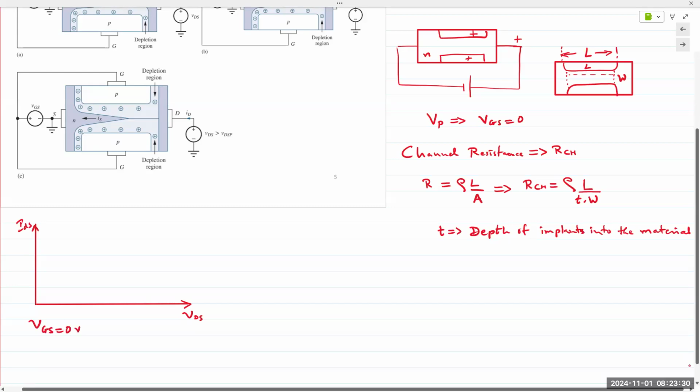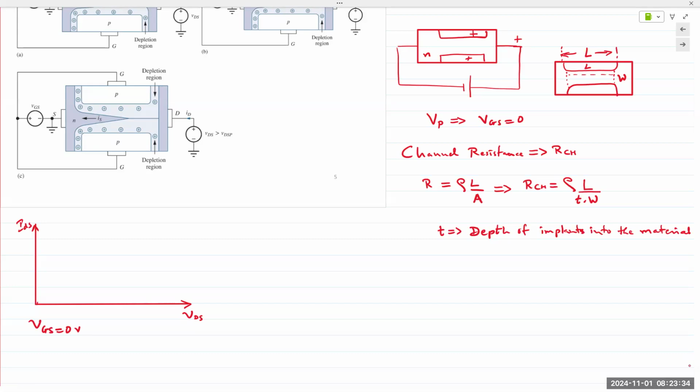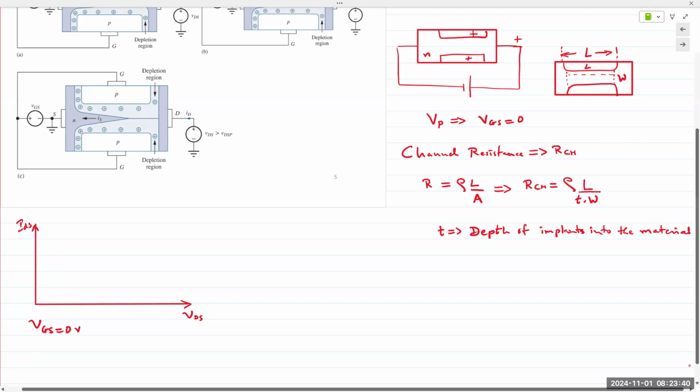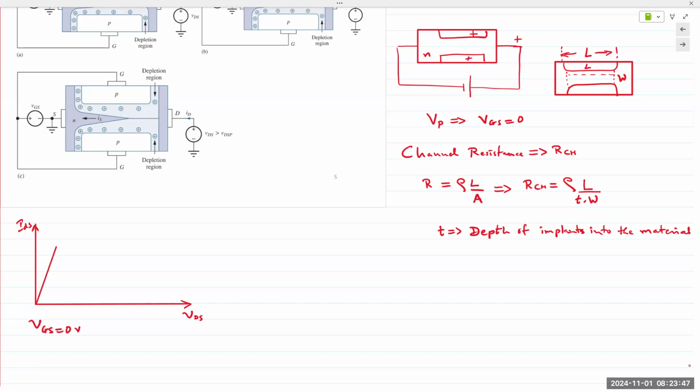When you first apply a positive bias at VDS, current starts to flow. Current is flowing, so it's increasing. And what do you notice about the shape? Exactly, it's linear, right? Because again, a channel resistance, a resistor, has a linear relationship between voltage and current. So at the initial portion, it is linear.